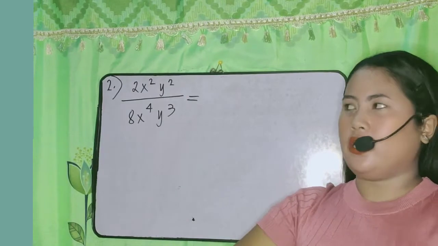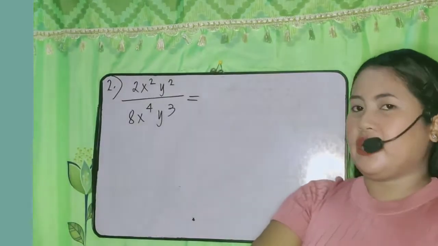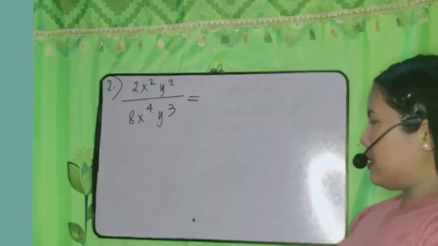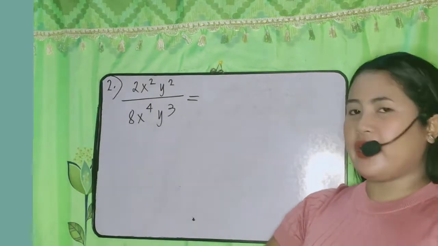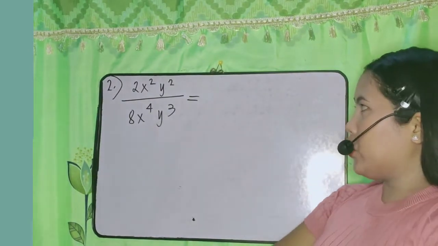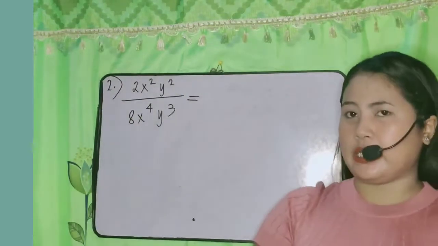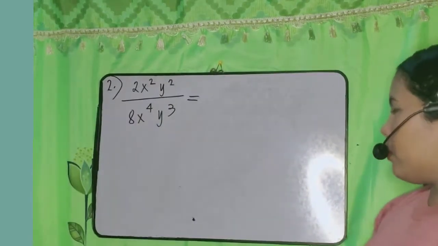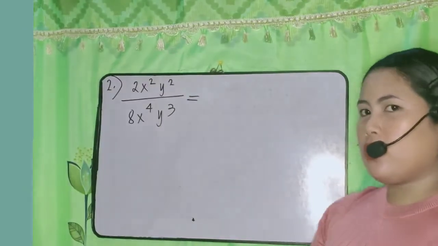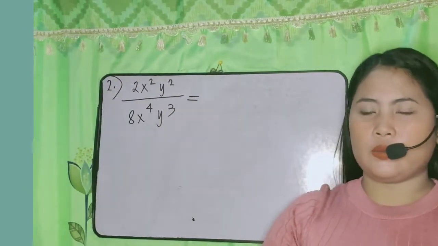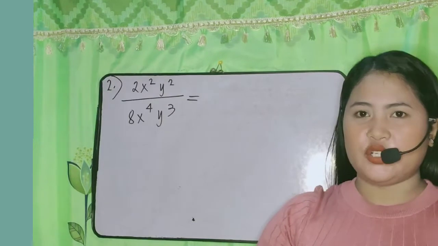We are still simplifying rational expressions. Next is to simplify the rational expression 2x squared times y squared over 8x raised to 4 and y cubed. Here I will teach you another step on how to simplify a rational expression.